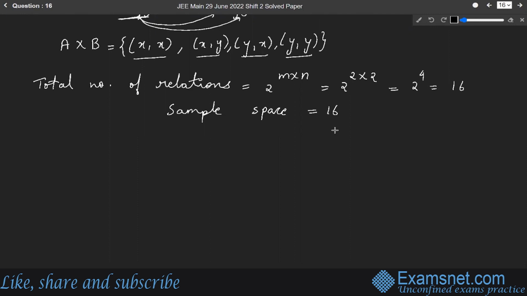Okay. Now what we have to do is find all the relations which are symmetric as well as transitive. But before that, let us understand what is a symmetric relation and what is a transitive relation. All right.